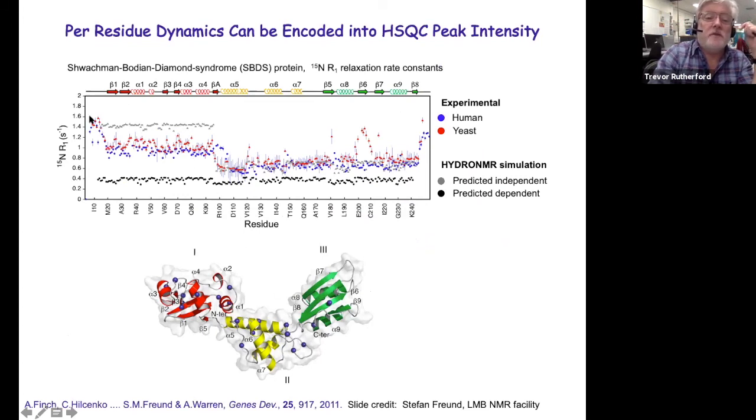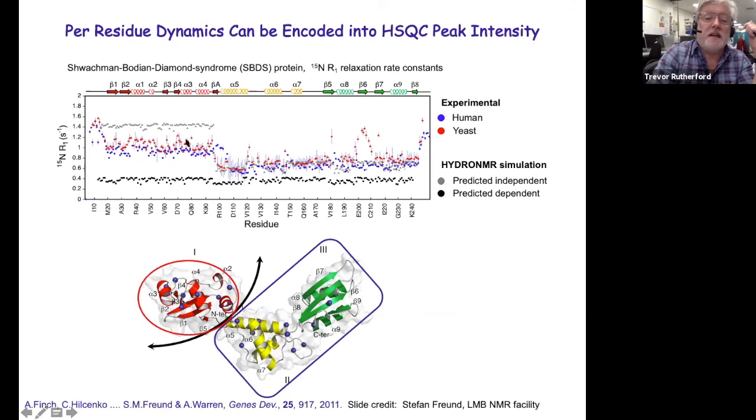What we can see from the relaxation rates that we've obtained from these HSQC spectra, you see that one of the domains is rotating at a very different rate to the other two domains. So these two domains are rotating together as a single rigid body, and the third domain is different from that. Some of the clinically important mutations are linked to mutations in the linker region that affect mobility.